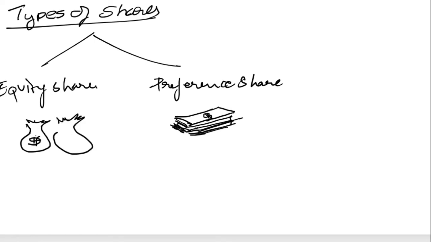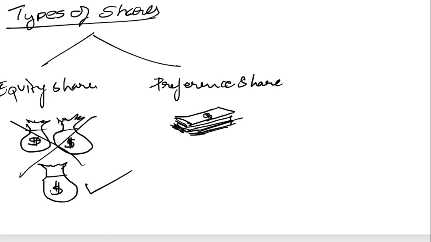If the company is making more profit, that will definitely be reflected in the earnings of an equity shareholder. And if the company is going down, that will also be reflected in the equity shareholder's income. He will get only the profit dividend of the company.